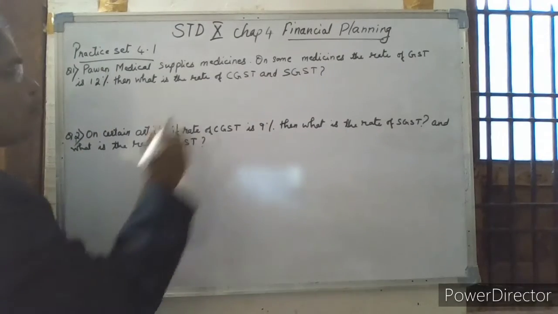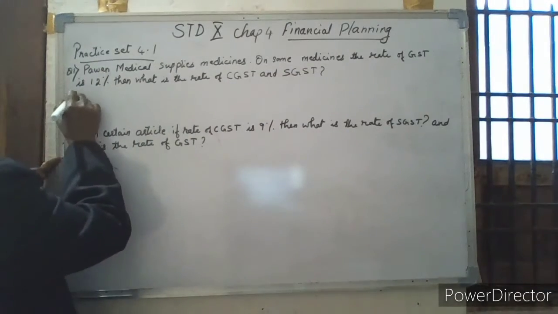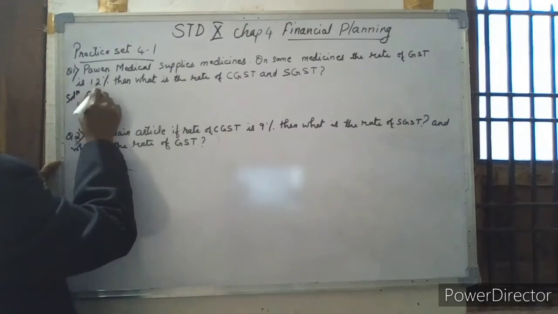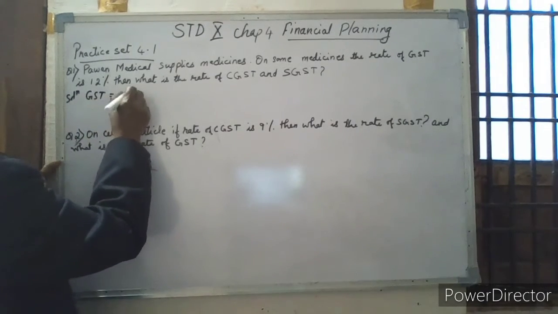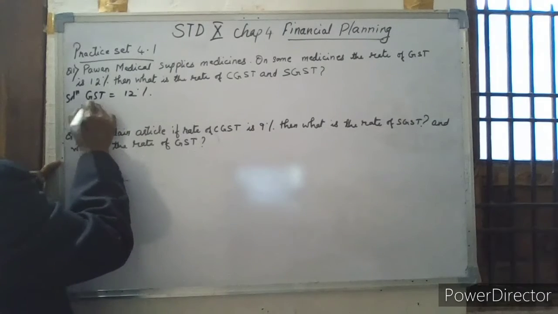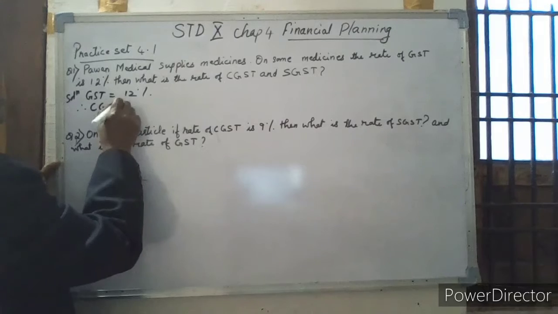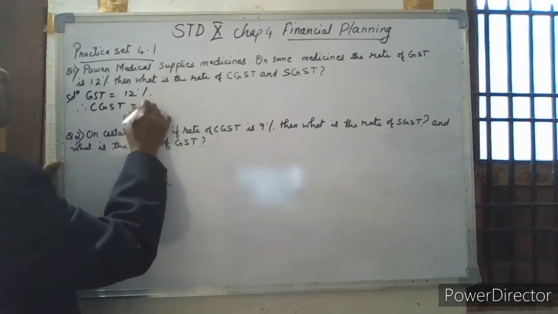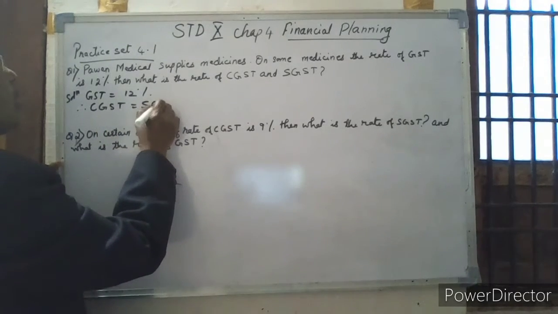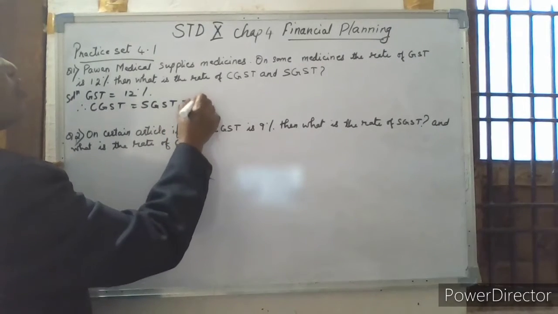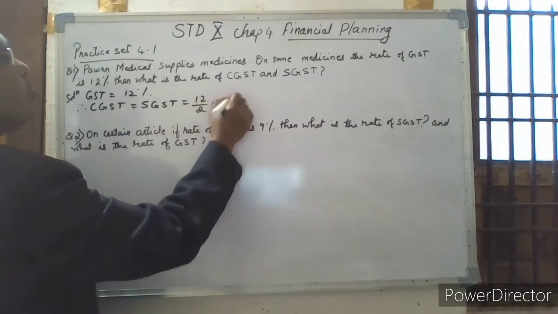So therefore, when GST is given as 12%, here CGST is equal to SGST percentage, which is equal to half of 12, that is equal to 6%.